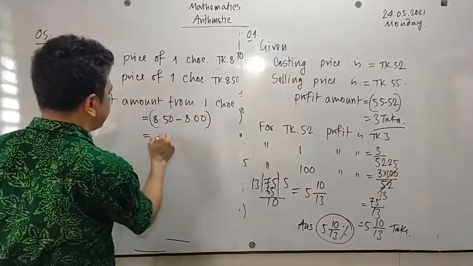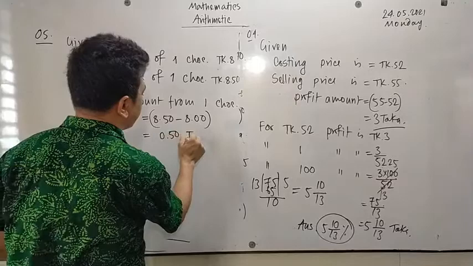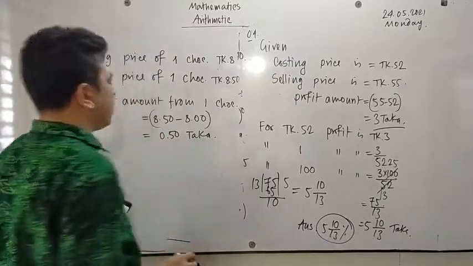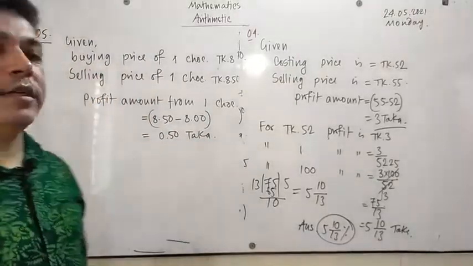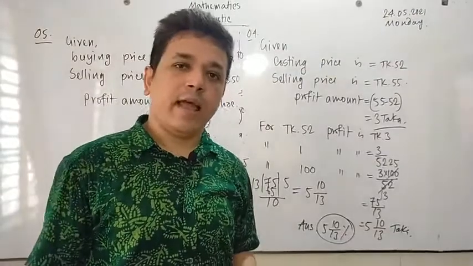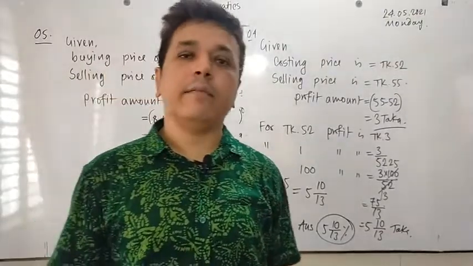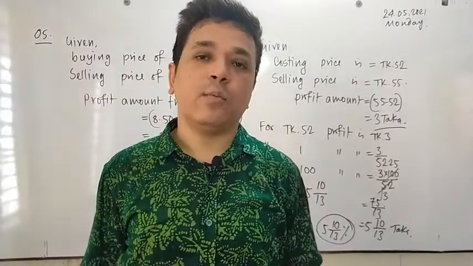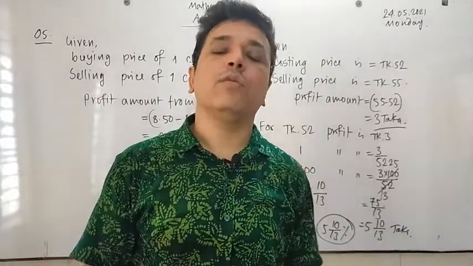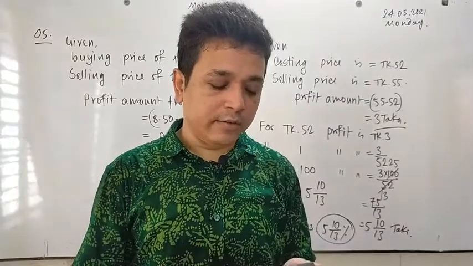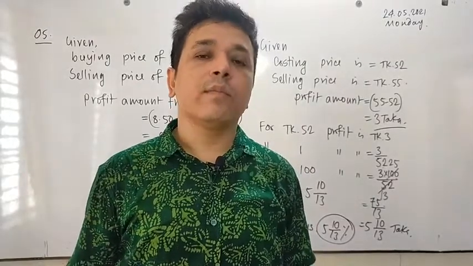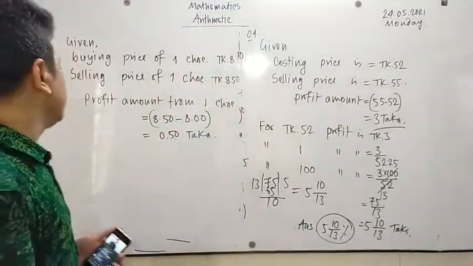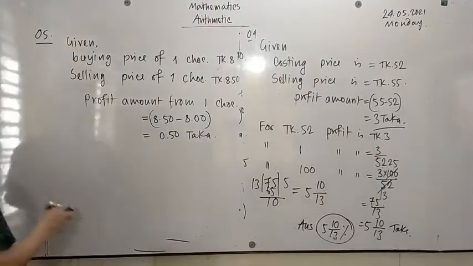So what is it? 0.50 taka. So from one chocolate the profit amount is 0.5 taka, and the seller made 25 taka profit. So how many chocolates has he bought? That is the question. We need to find out how many chocolates were bought.